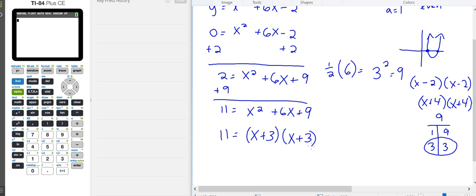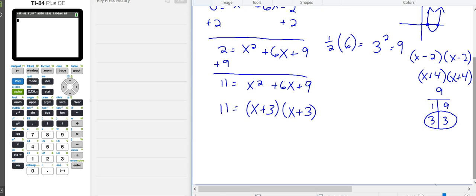We rewrote our equation to be a perfect square trinomial so that we would have one factor times itself. Since we have x plus 3 times x plus 3, we could rewrite this as x plus 3 squared. It means the same thing.